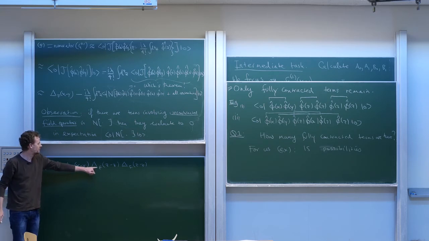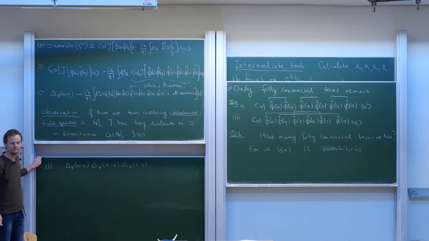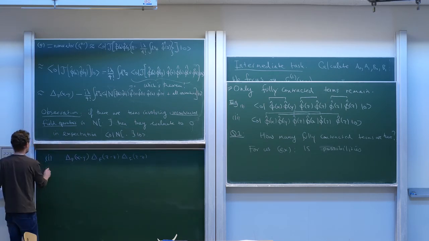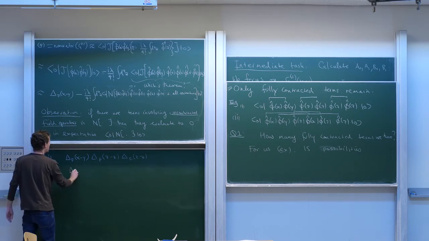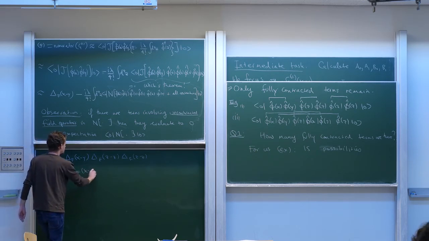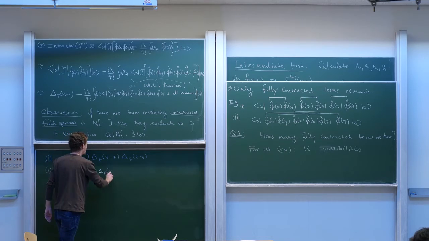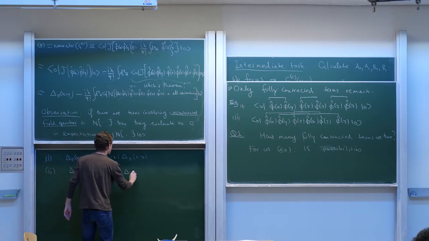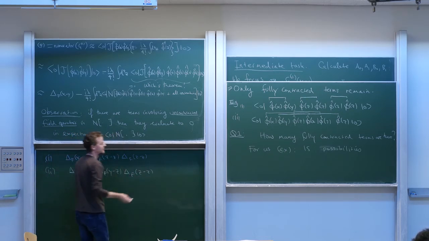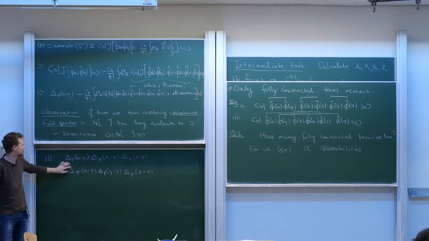Try not to get too worried by the z minus z's. And example 2 evaluates to delta F x minus z, delta F y minus z, delta F z minus z. So those two contractions evaluate to this and to this separately.